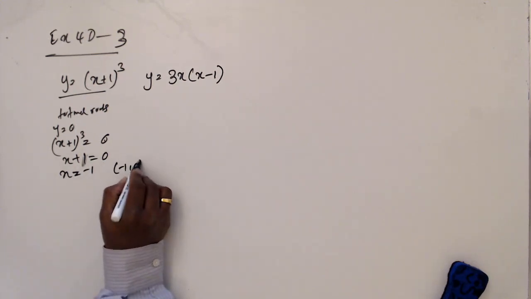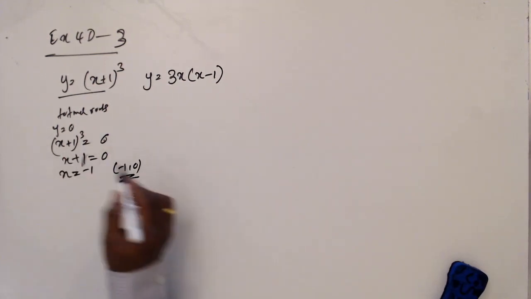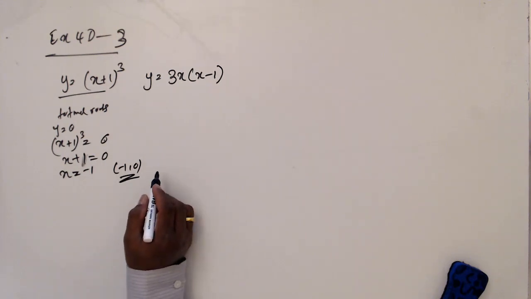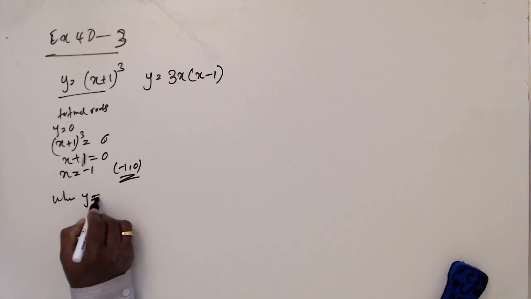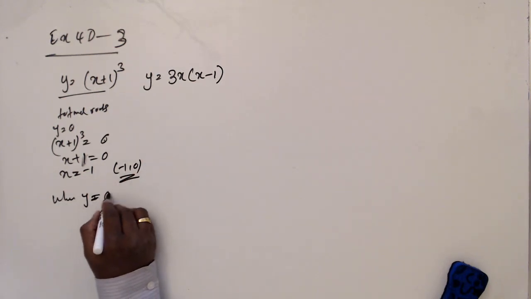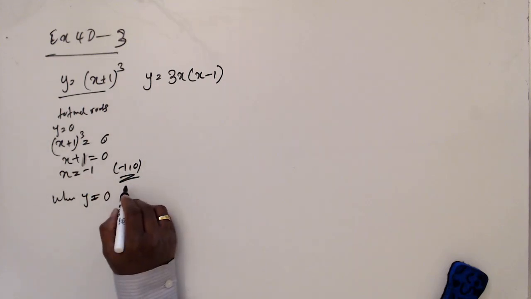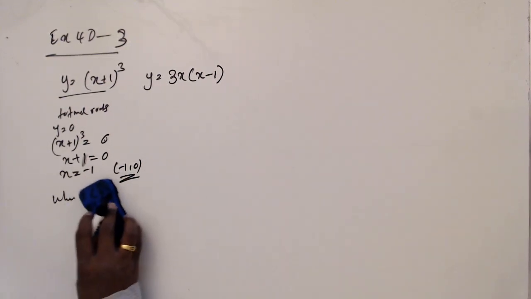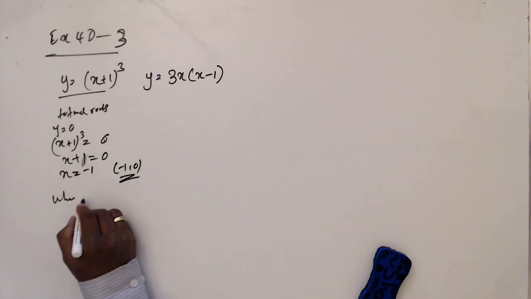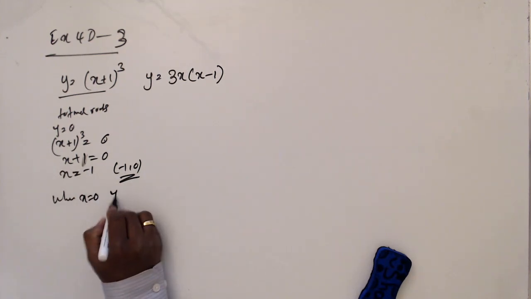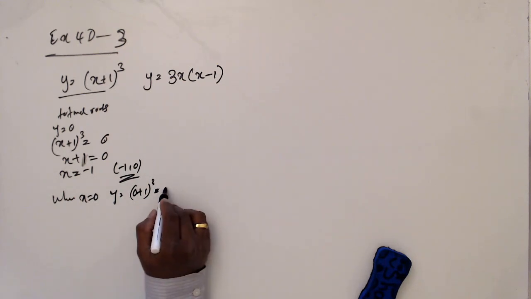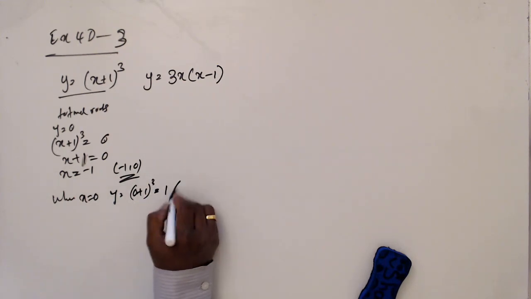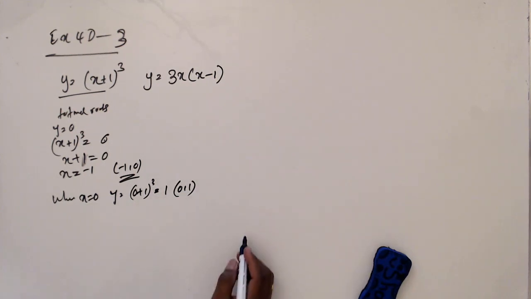So minus 1 is the repeated root, three times. And when x equals 0, y equals (0 plus 1) cubed, which is 1. So (0, 1) is another point we can use.